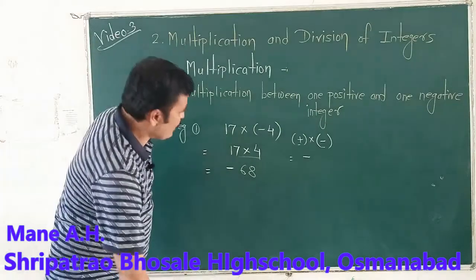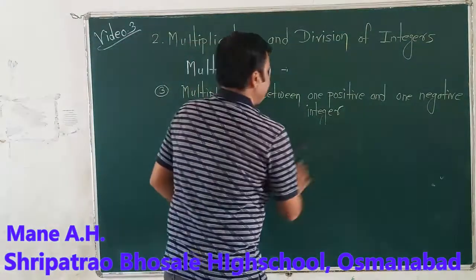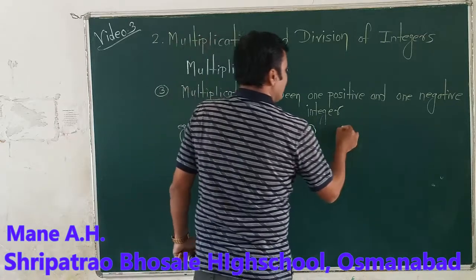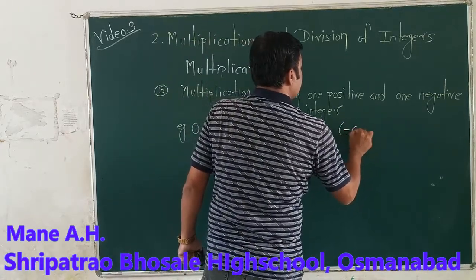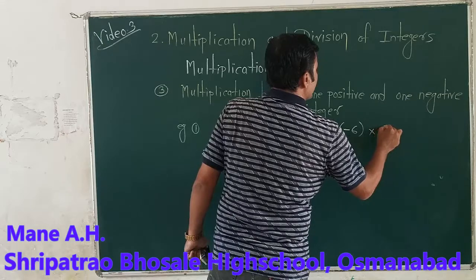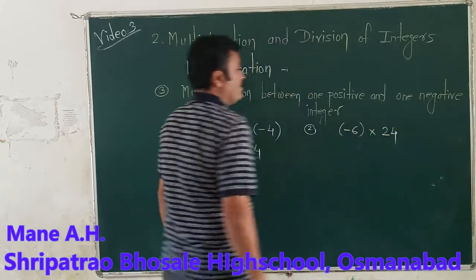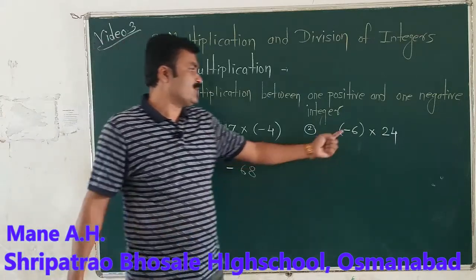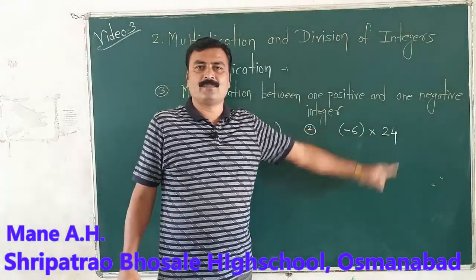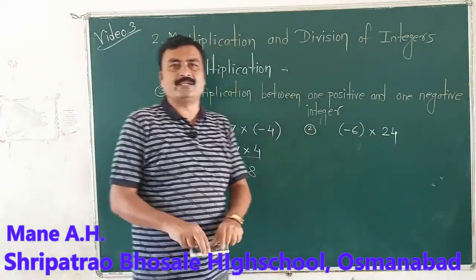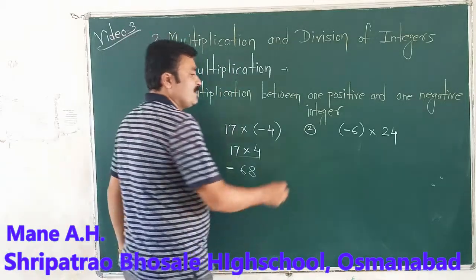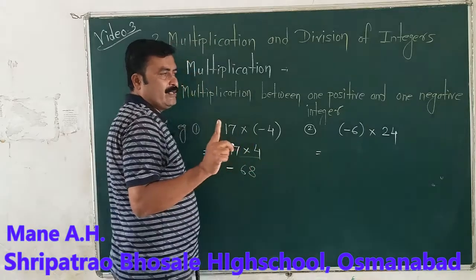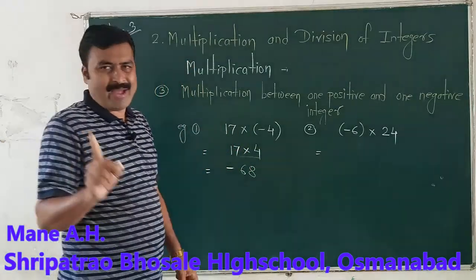Let's take another example here: minus 6 into 24. Here minus 6 is a negative integer, and 24 is a positive integer. While taking the multiplication between these two integers, first we take the multiplication of their magnitudes.